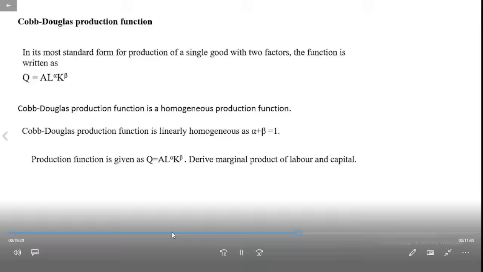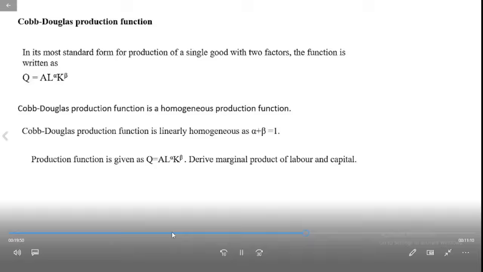So alpha and beta represent the change in output when there is a change in the quantity of labor or capital used in production. When we increase the labor, what will be the increase in output? That is represented by alpha, and beta represents the change in output when there is a change in capital.